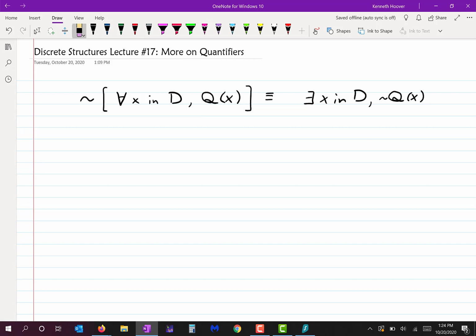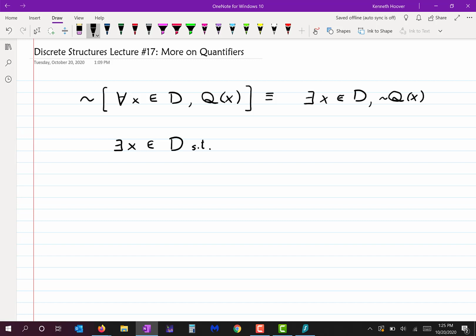So how do you negate an existential statement? Well, you can probably guess, but don't just guess, think about it. So there exists an x in D. By the way, I'm writing the word in because the book does, but I think you've seen before that this symbol right here does that same trick. So there exists an x in D such that, oh, remember this discussion?